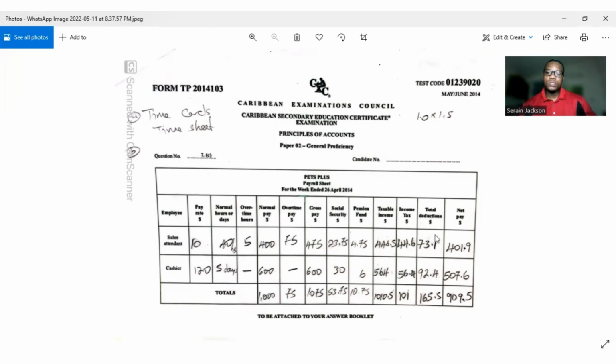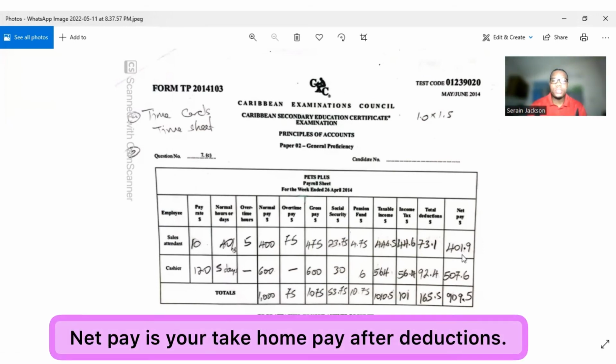And then to calculate your net pay, you would subtract your total deductions from your gross pay to get your net pay, which is $401.90 for the sales attendant, and $507.60 for the cashier. Your net pay is that pay that you get, your take-home pay, so to speak. It is the pay that you get after you have taken out deductions.